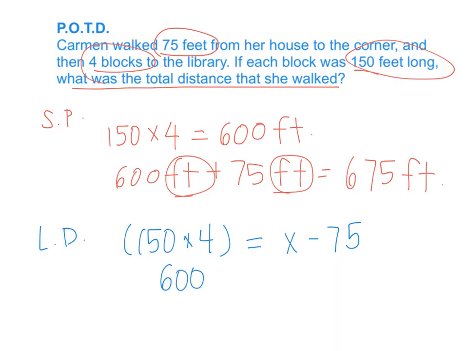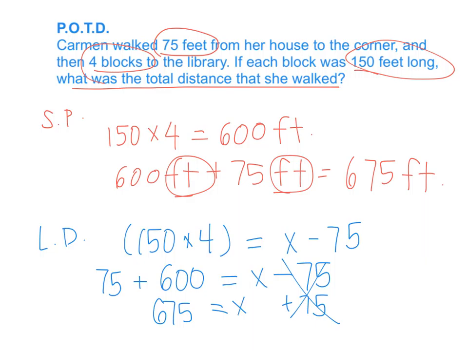So the new equation is 600 equals x minus 75. And x is with negative 75, so negative 75 plus 75 would make it 0, so that cancels it out. Now we add 75 to 600, and that would find the answer. So 675 equals x. Thank you, Liam.